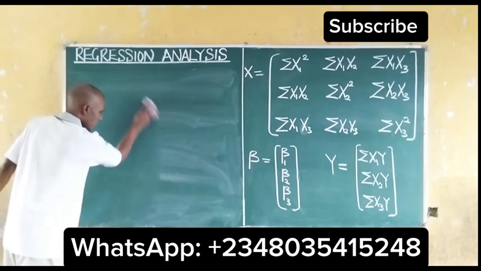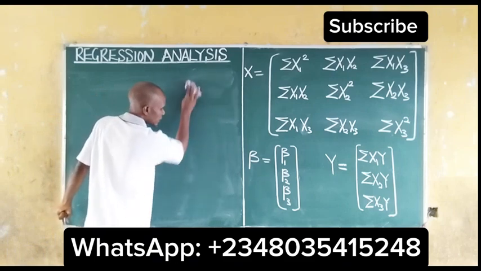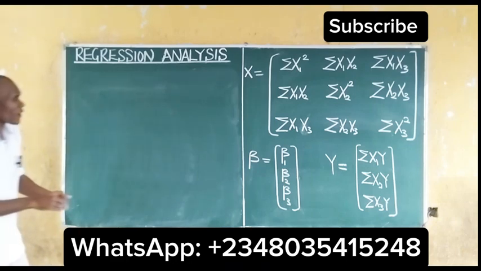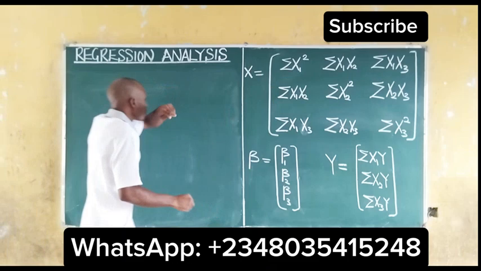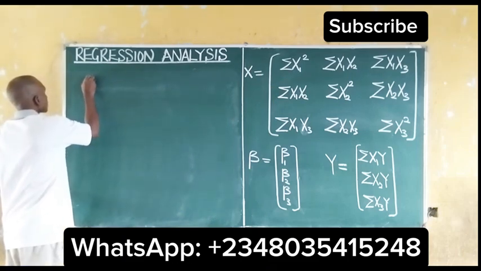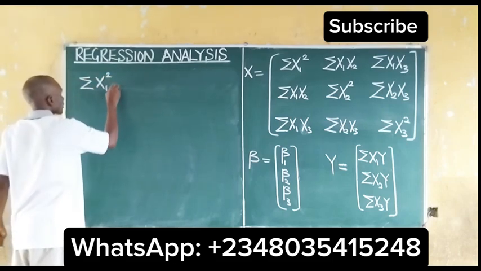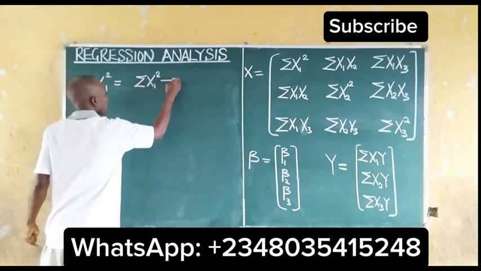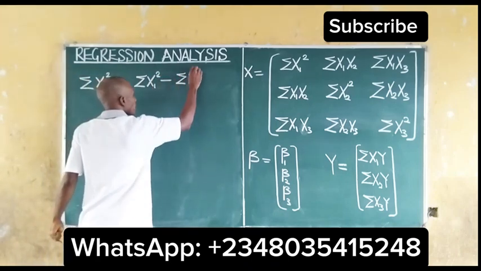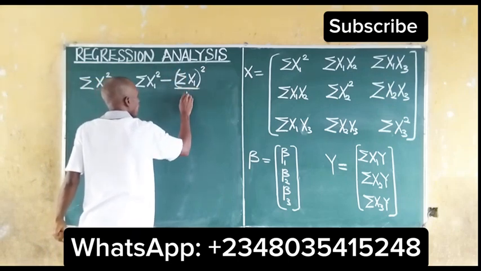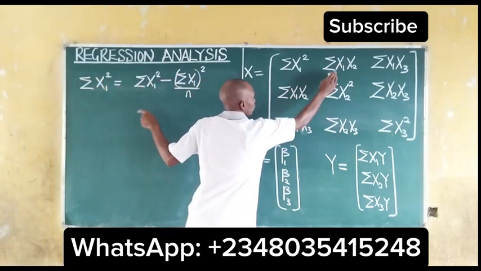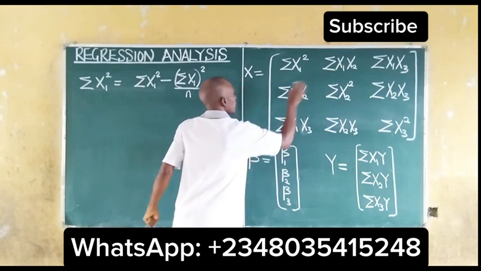So we have to write how to compute all of that. It's quite easy. So finally, we have this as the first one. How do you compute that? Summation of x1 squared is equal to summation of x1 squared minus summation of x1 all squared all over n. We have x1 and x2.